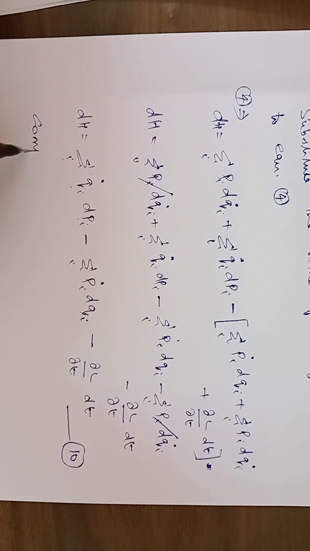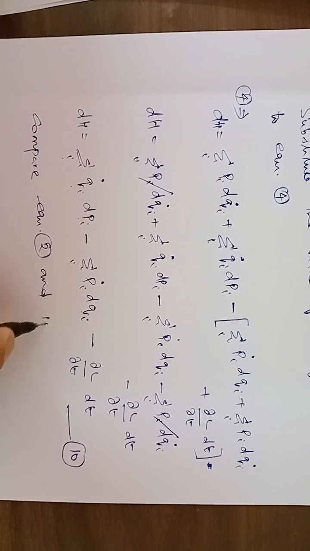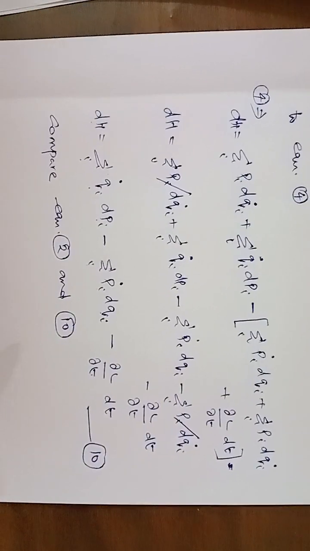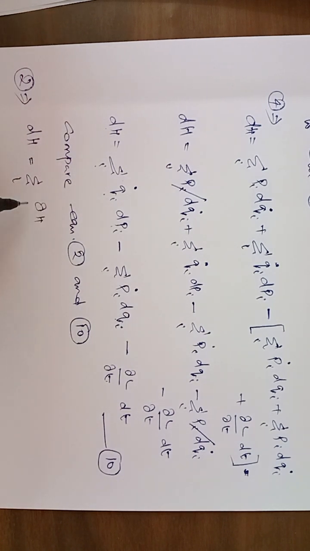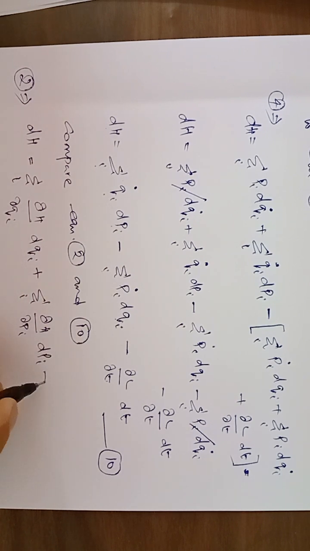The second equation is dH equal to summation of i ∂H/∂qi into dqi plus summation of i ∂H/∂pi into dpi plus ∂H/∂t into dt.